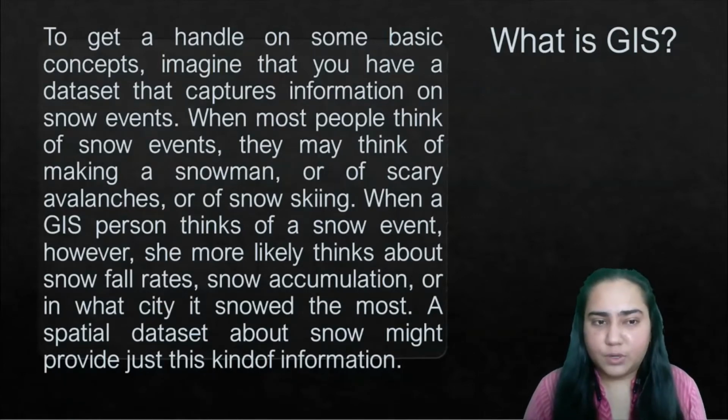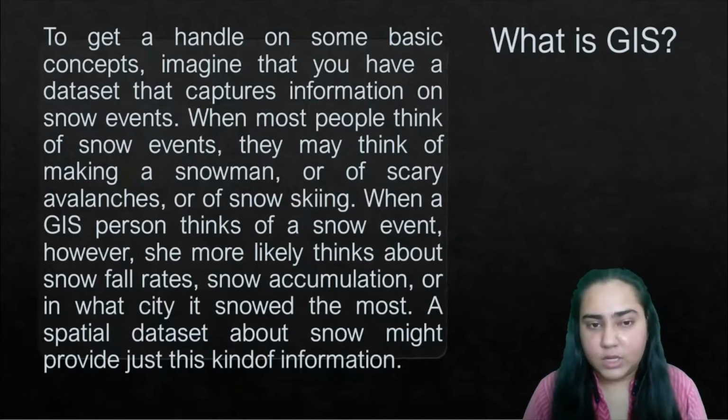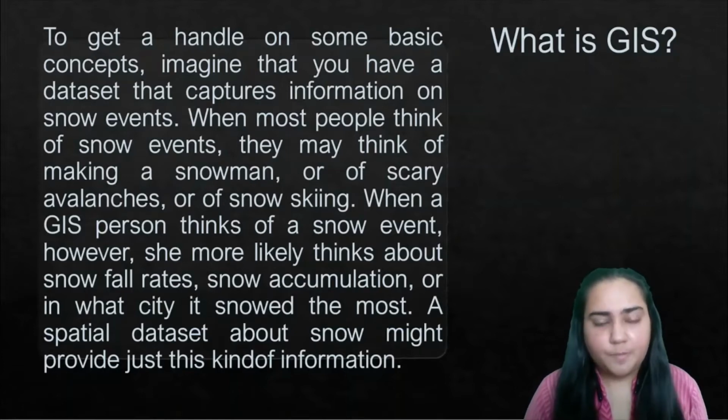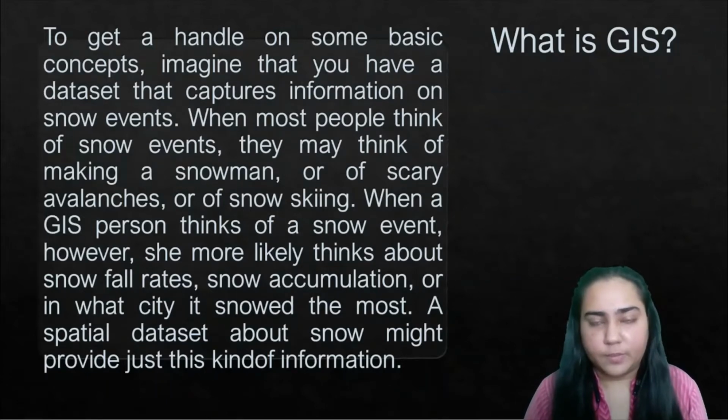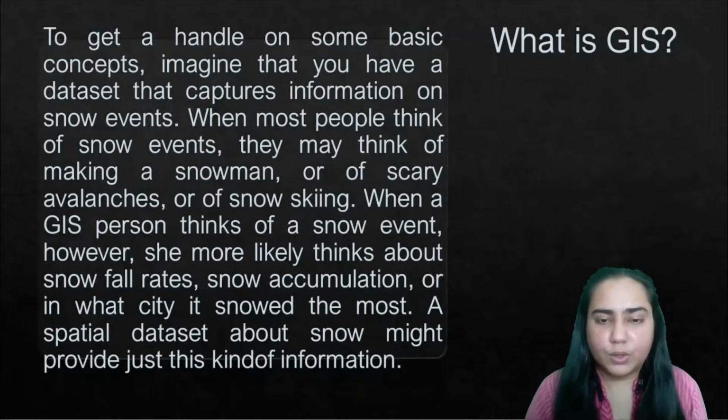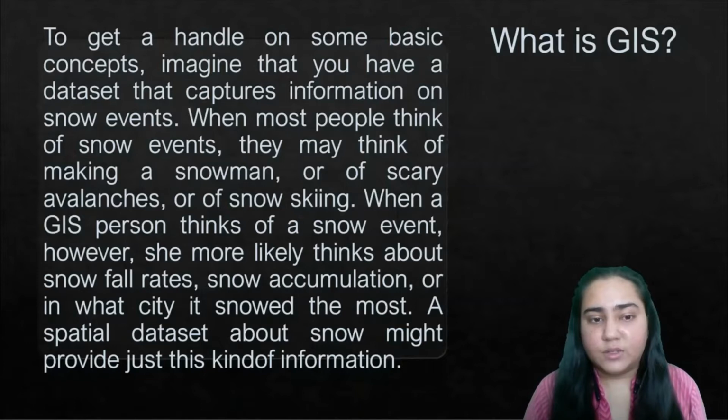But when a GIS person, that means a person who is into GIS, thinks of a snow event, he or she is more likely to think about snowfall rates, snow accumulation, or in what city it snowed the most. So a spatial data set about snow might provide just this kind of information. You want to show on your map what the snowfall rate is, what the snow accumulation is, and in which city it snowed the most.